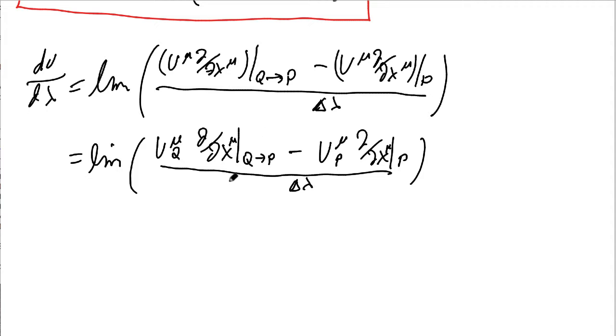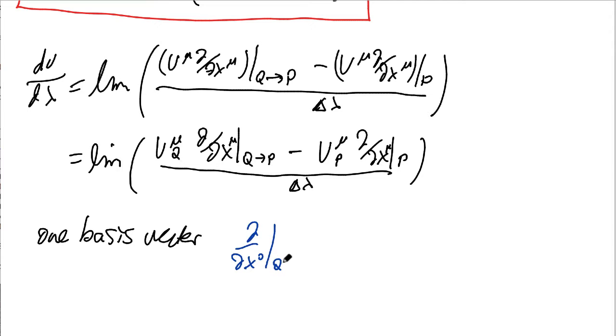So let's look at one of these basis vectors transported from Q to P. So for example, let's look at d by dx 0.